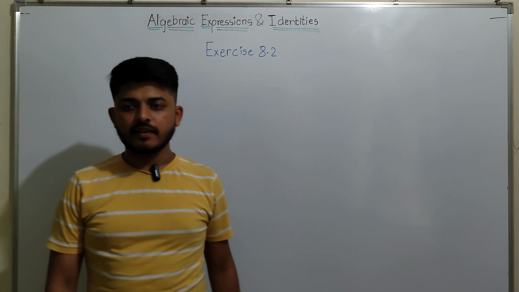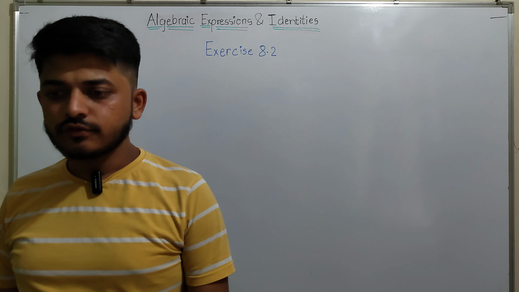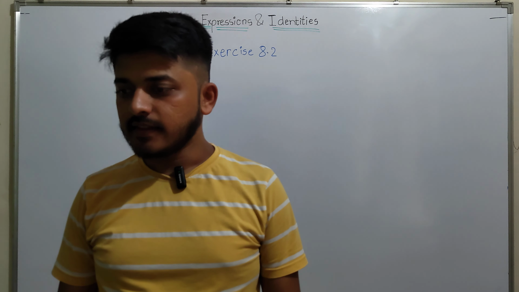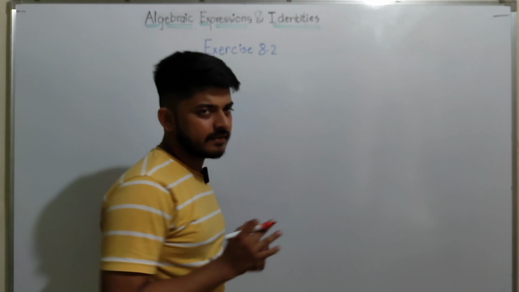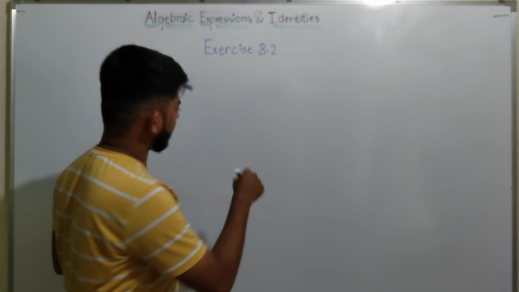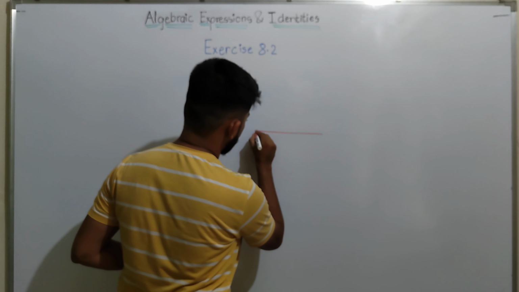What mistakes do students make? Find the areas of rectangles with the following pairs of monomials as their lengths and breadths respectively. Now see here, this is the basic thing you must know. Find the area of a rectangle. Now suppose this is the rectangle.